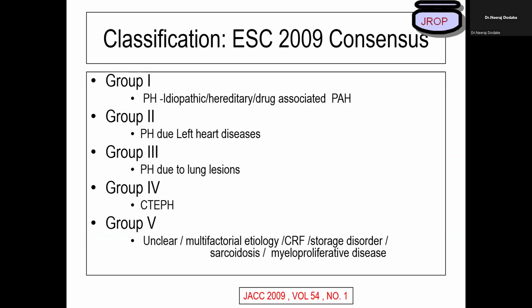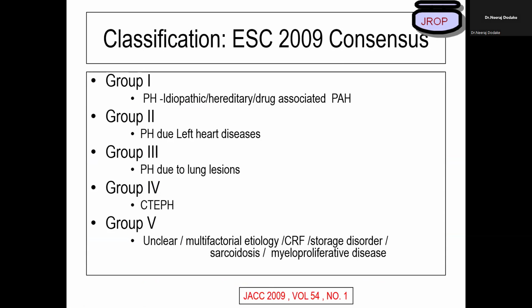Now coming to the classification, which was given in 2009, it's a very important classification to differentiate the kind of pulmonary hypertension we are having. And this classification has not changed ever since it was given, almost 15 years down the line.